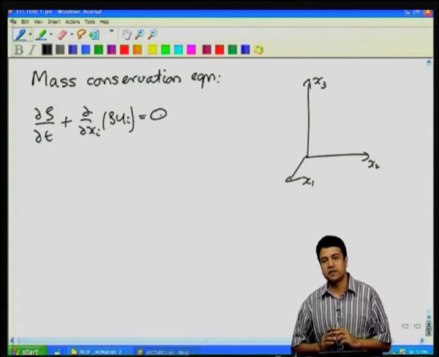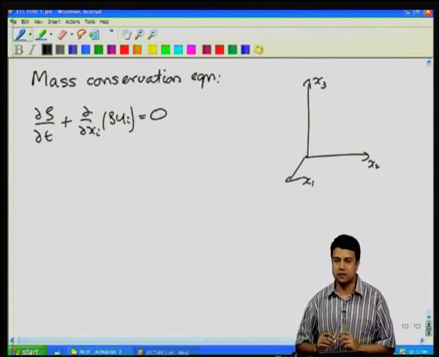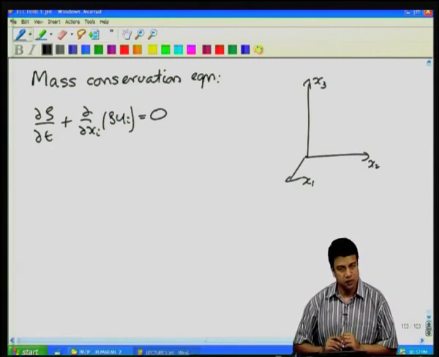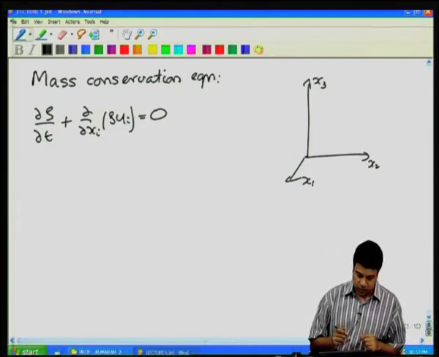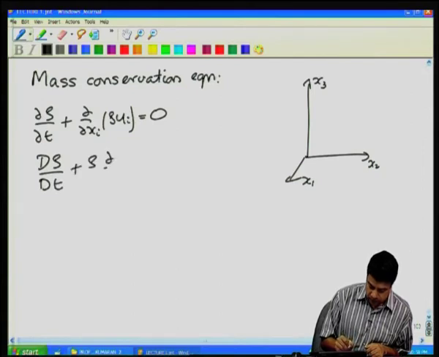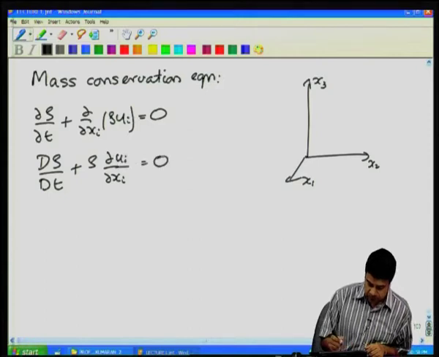This just reflects the fact that in a moving material reference frame, in which all points are moving with the same velocity as the fluid velocity at that point, there should be no net change of mass within a differential volume. Alternatively, in terms of the substantial derivative, this can be written as D rho by Dt plus rho partial by partial xi of the velocity is equal to 0.